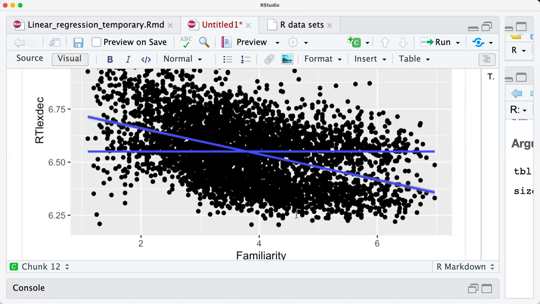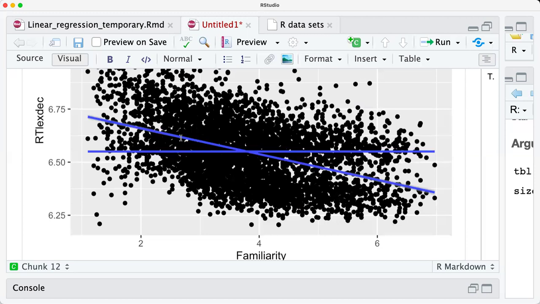At least it doesn't tell you directly from this picture, because if we simply turn the computer and look at the picture from the other side, we will see another regression line, different from the first one, with the lexical decision on the x-axis and the familiarity on the y-axis.